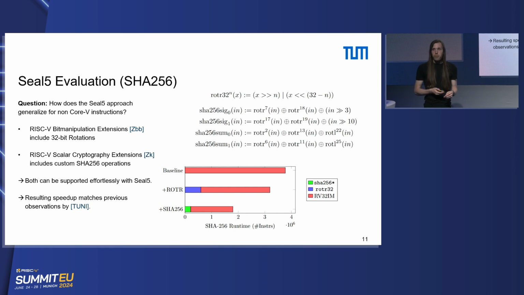After implementing them in the core DSL syntax, we saw that CL5 can be used effortlessly to generate the LLVM support for these instructions, including code generation. And that's how we can achieve these speed-ups for the rotation and for the more specialized instruction on the Nettle SHA benchmark.